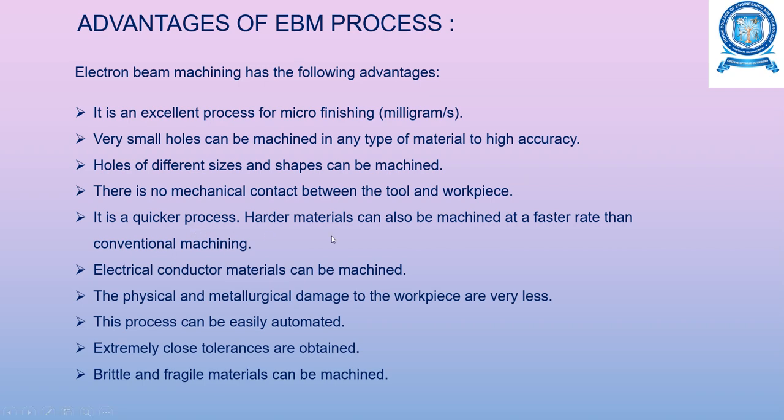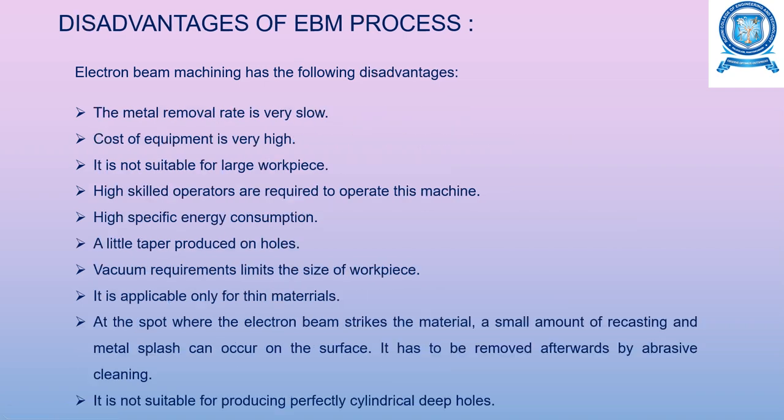The process is very quick, and harder materials can be machined at a faster rate than with conventional machining. You can machine even electrically conducting materials, and the physical and metallurgical damage to the workpiece is very low. Automation of this process is easy, extremely close tolerances are obtained, and you can machine brittle and fragile materials.